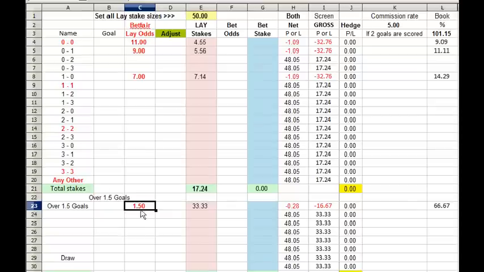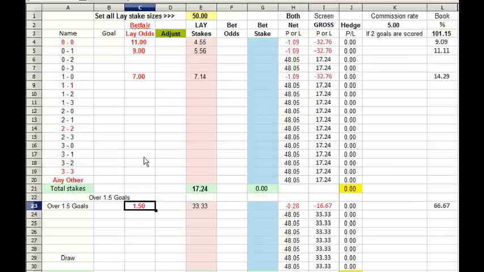I've input some odds here that might be before the kick-off, and you can see if we've laid under 1.5 goals and also laid over 1.5 goals, we would expect to lay somewhere around a 100% book, which would give us a small loss whatever happened in the game.